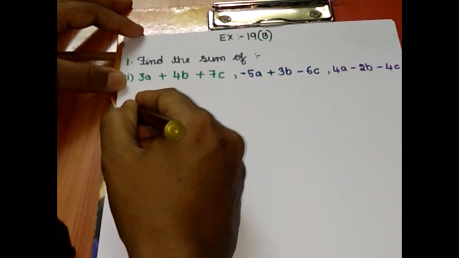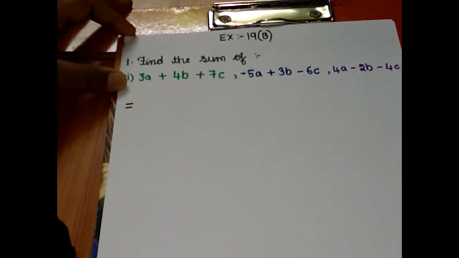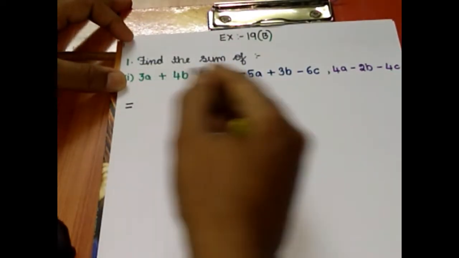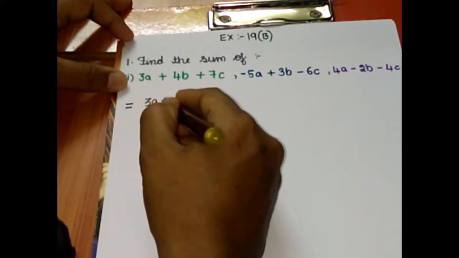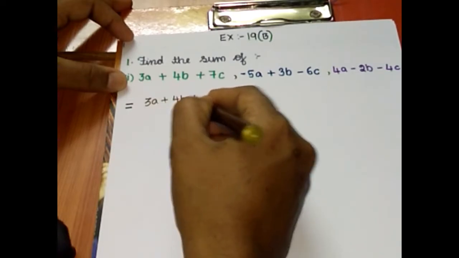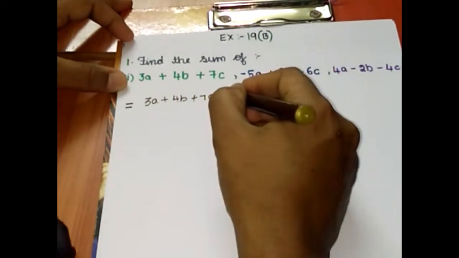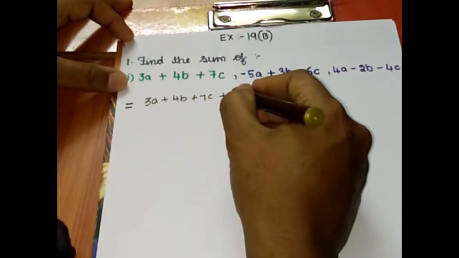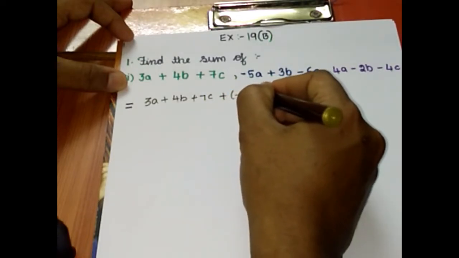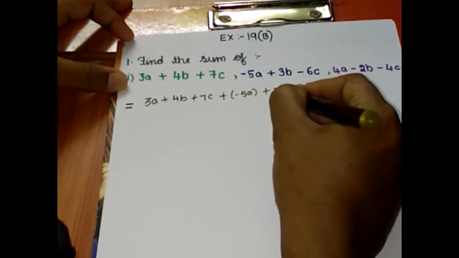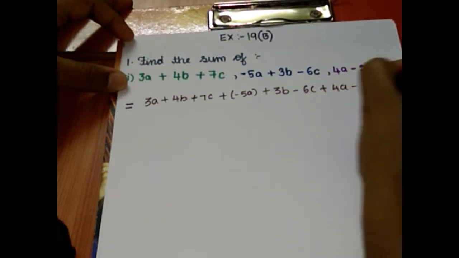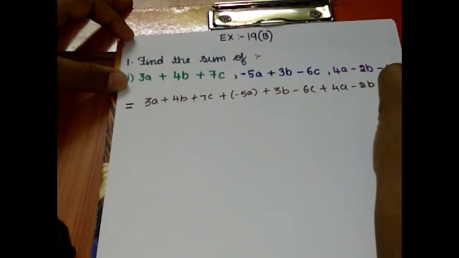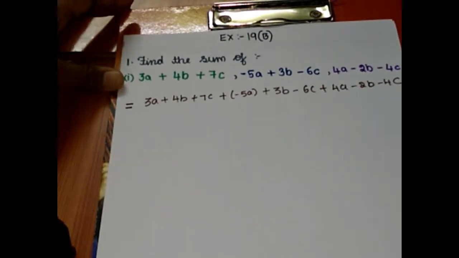In the row method we start our solution with is equal to, and we write all the 3 polynomials, that is 3a plus 4b plus 7c plus of minus 5a plus 3b minus 6c plus 4a minus 2b minus 4c.